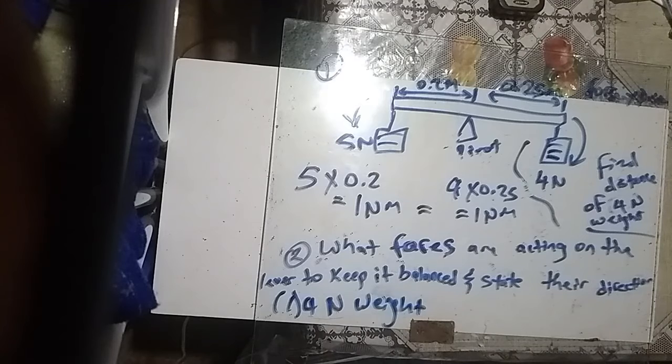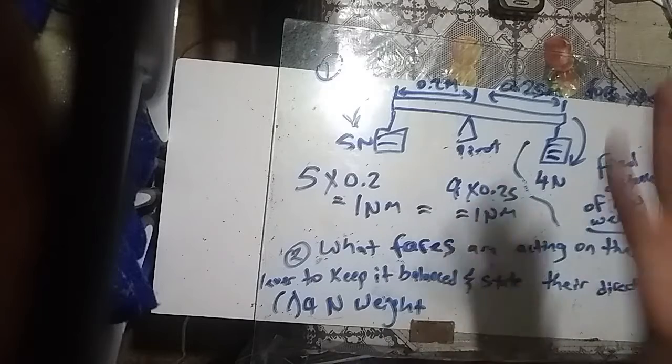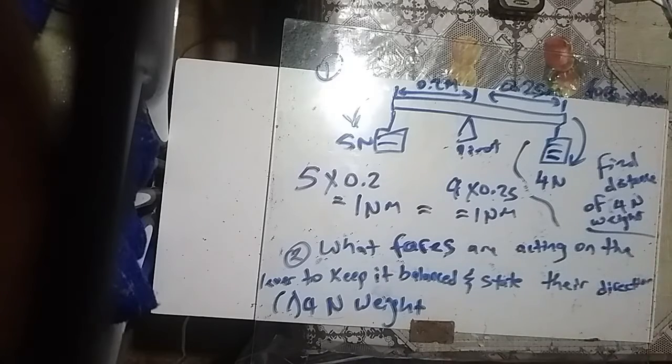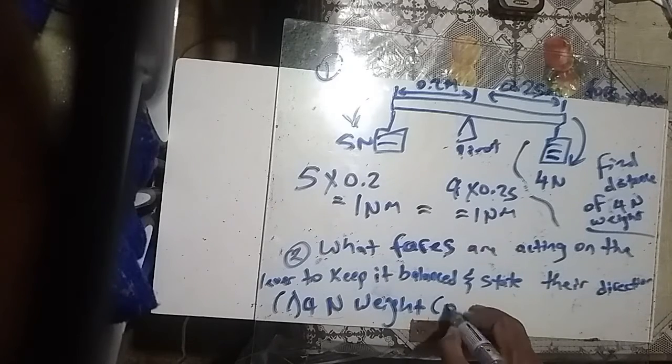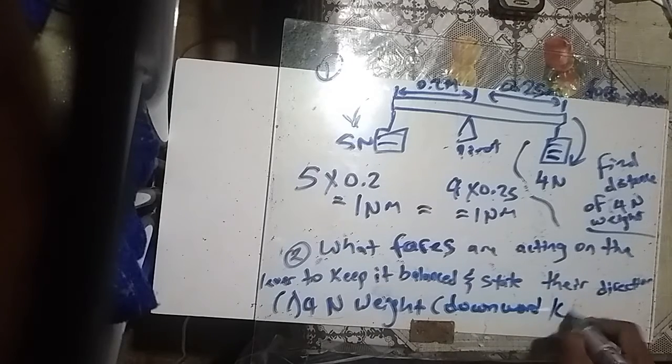And what direction is it acting in? It is acting in a downward direction. You could also say it's acting in a clockwise direction, and that would be good as well. So downward, or clockwise.